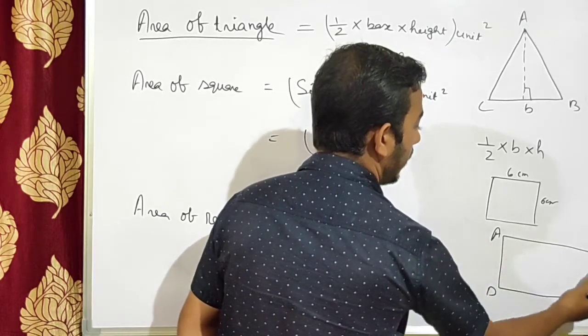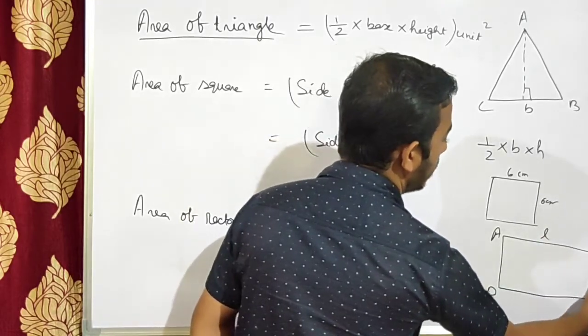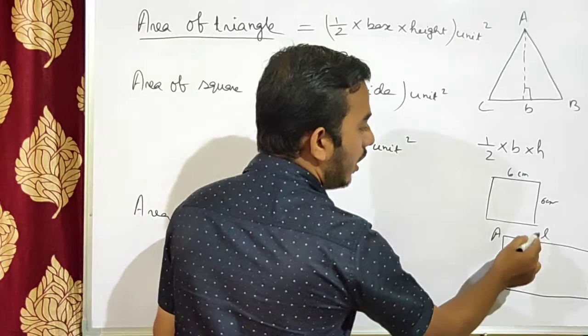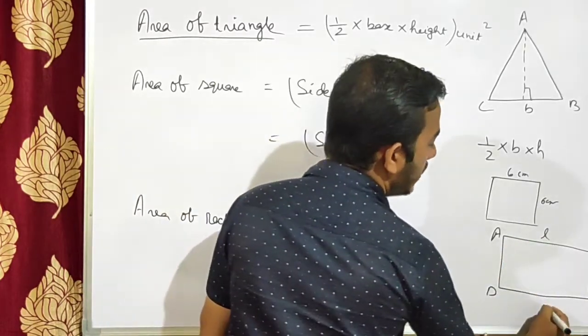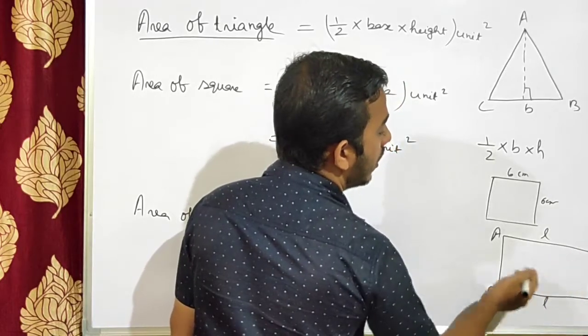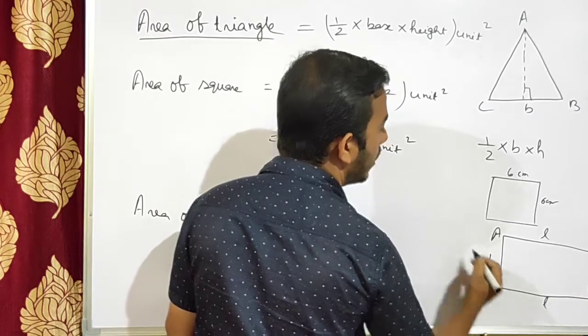Let us take this rectangle as an example. Its length is this one and its breadth will be this. In a rectangle we know opposite sides are equal, so the opposite side of AB is DC. That means both sides will be equal. Now the opposite side of BC is what? AD. Now these both sides will also be equal, isn't it?